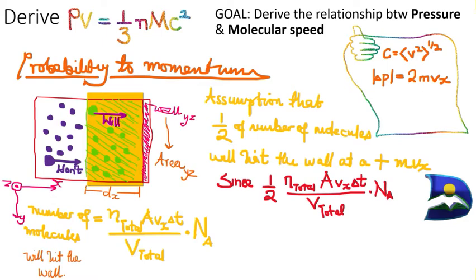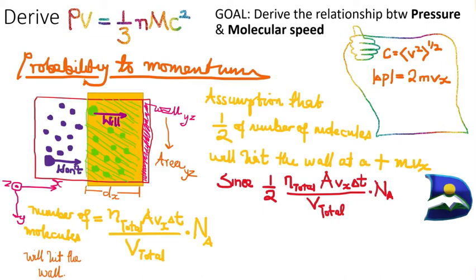This is expressed as half of the total number of moles times the area times the velocity times the change in time divided by the total volume, multiplied by Avogadro's constant, and this will be for the whole half of the particles or molecules that hit the wall.